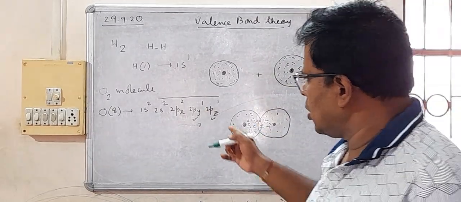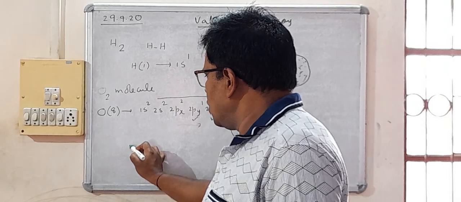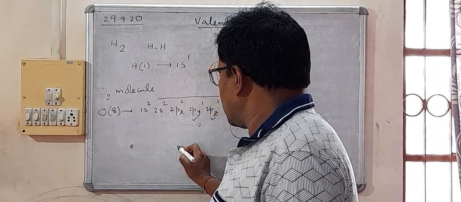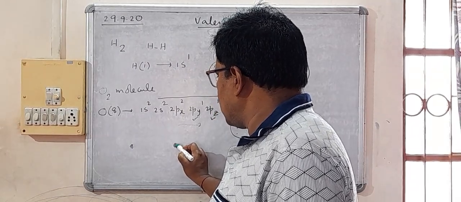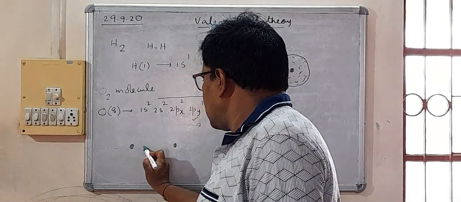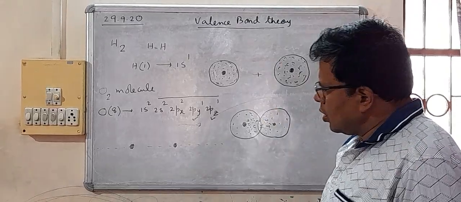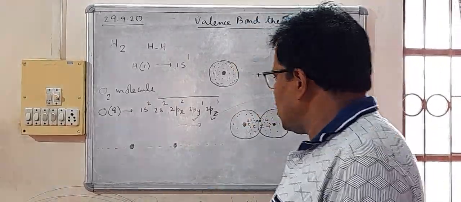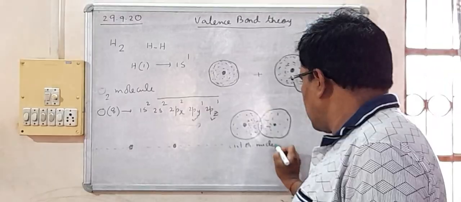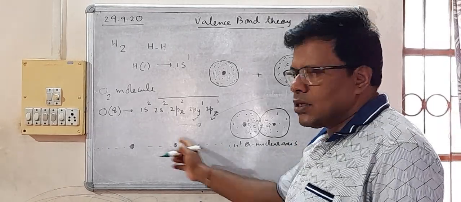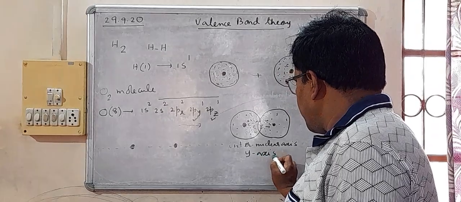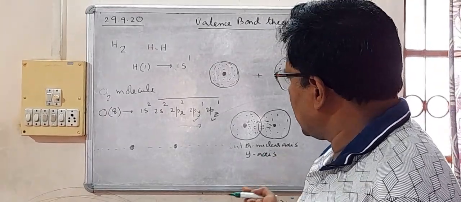So let me draw this orbital. Suppose this is oxygen atom nucleus. This is another oxygen atom nucleus, and suppose this line joining the two nucleus is called internuclear axis, and suppose this internuclear axis happens to be the y-axis.